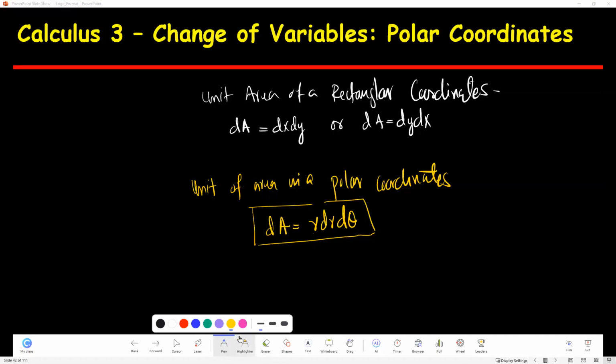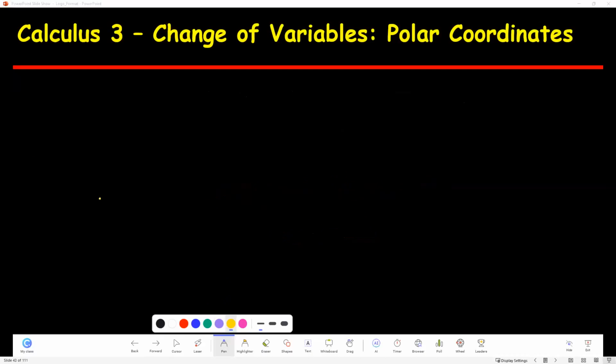So now take a look at an example of how we're going to solve these integrals. Evaluate, where R means region, and that is my expression.